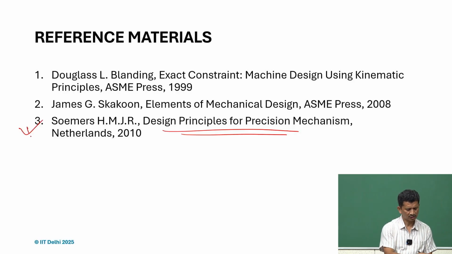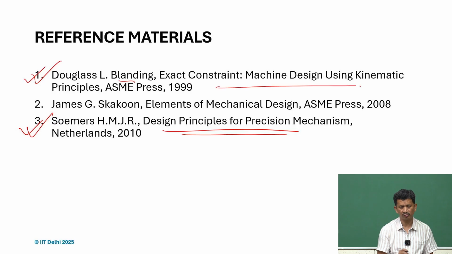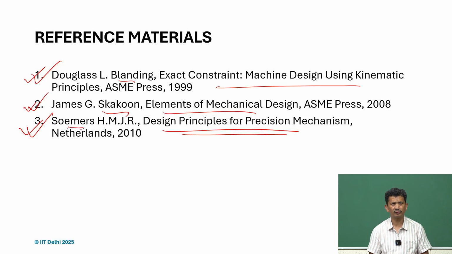These are very good books, and one can always refer to them. One is definitely Design Principles for Precision Mechanisms, but this book by Blonding is also very good, easy to read, and a very small, handy book, and also Elements of Mechanical Design by Skakun. If you are interested, you should definitely refer to these books, and I'm covering most of the material in this course from these books only.